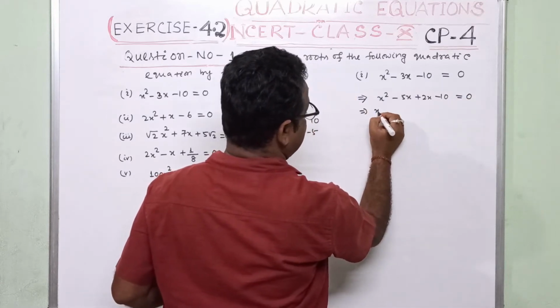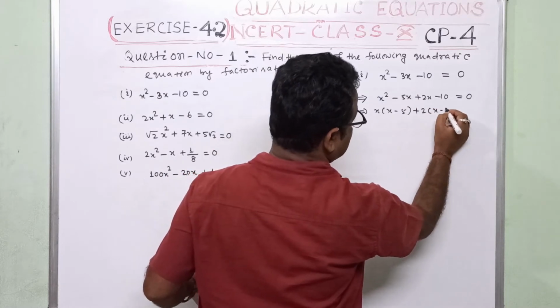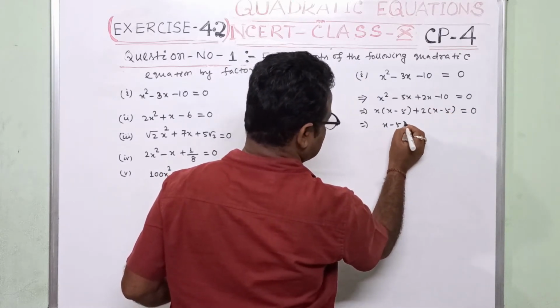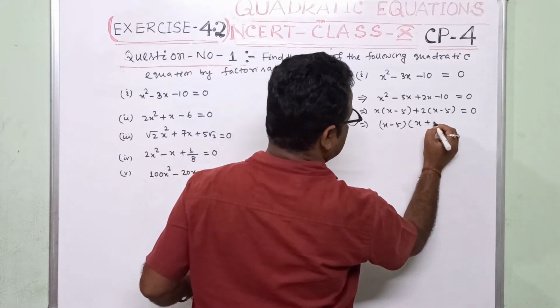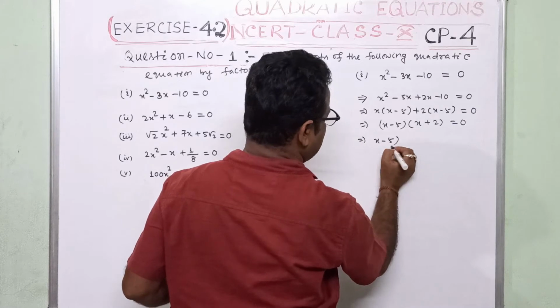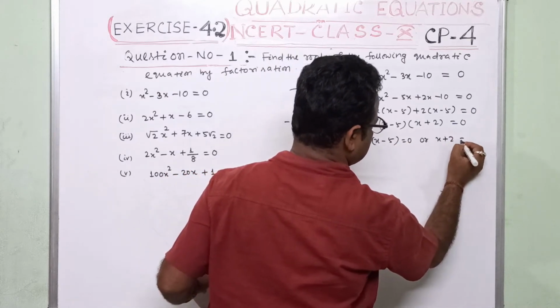That implies x into x minus 5 plus 2 into x minus 5 is equal to 0. That implies x minus 5 into x plus 2 is equal to 0. That implies x minus 5 is equal to 0 or x plus 2 is equal to 0.